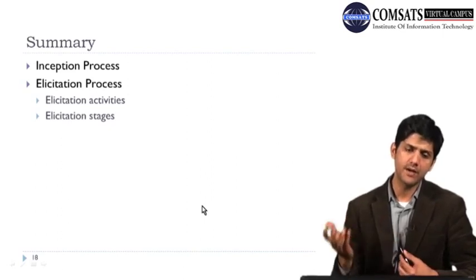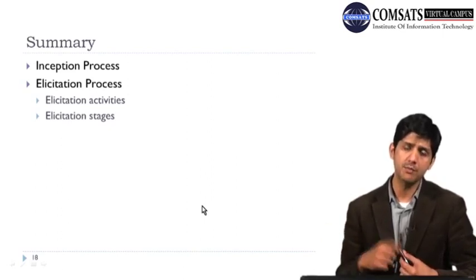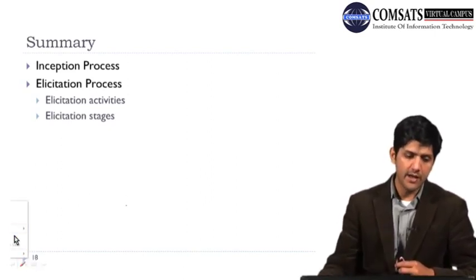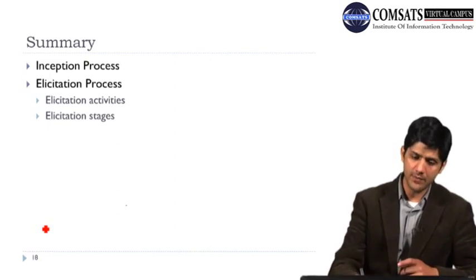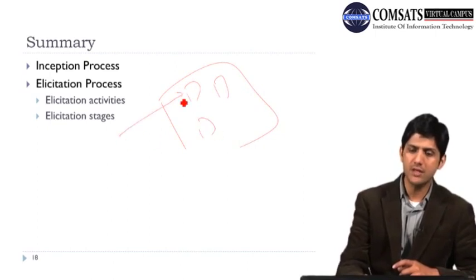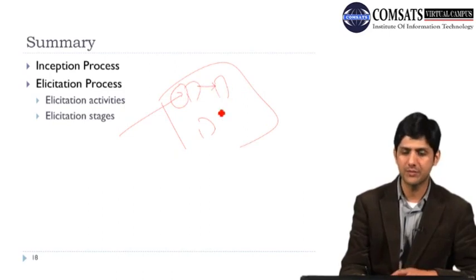We started our discussion on the inception process, and before we actually got to it, we briefly defined what a process is. And always keep this in mind, that a process is nothing more than a set of activities, and all these activities are going to consume something, and then they are going to produce something.